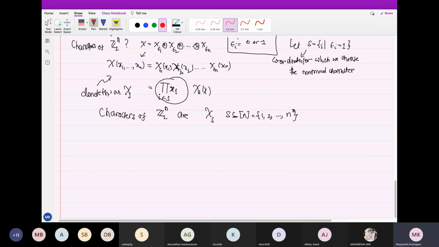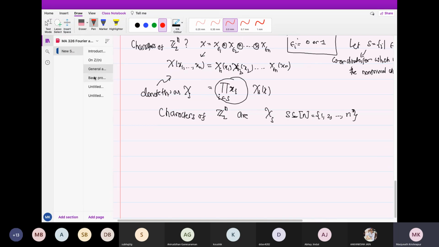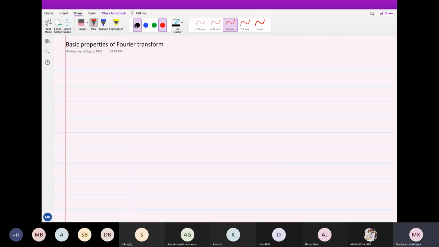So let's do a little bit here. Maybe I go to the next page itself. Let's take G a finite abelian group, and G hat is the set of its characters. n is the size of G, which is also the size of G hat.